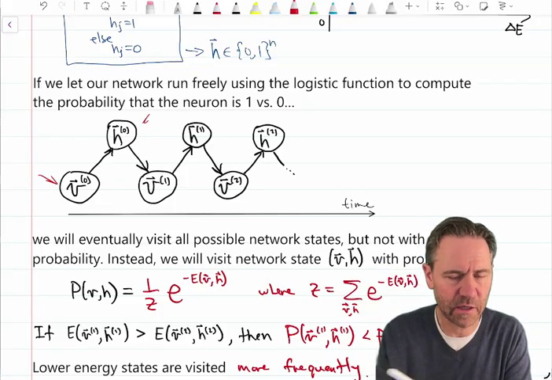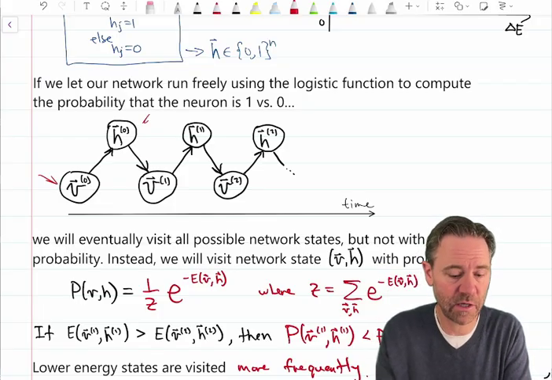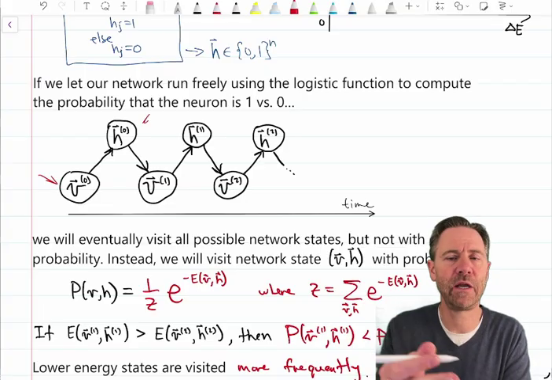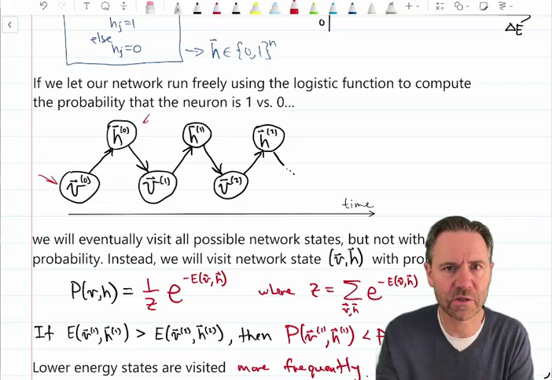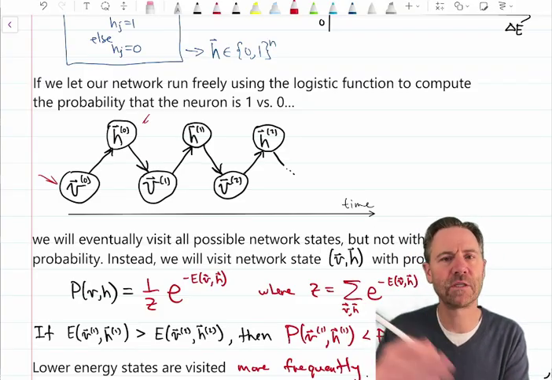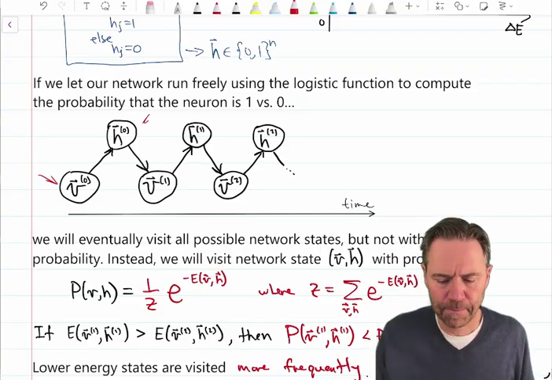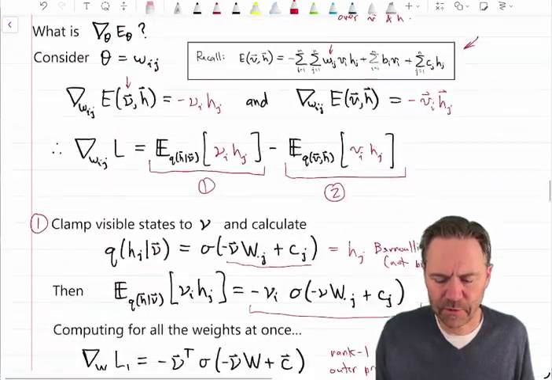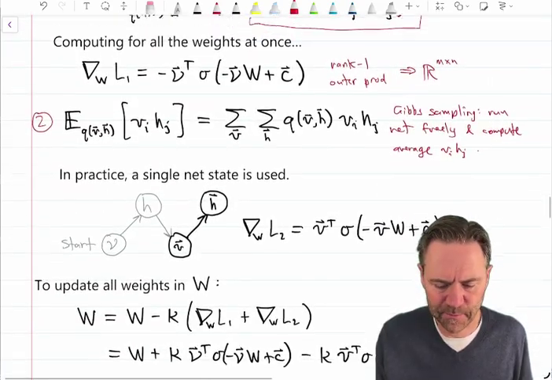Now you have a new visible state. There's all this Bernoulli sampling going on each time, right? You project V back up to H. You get your input currents, logistic function, sample that Bernoulli process to get this binary H, project it back down, up, down, up, down, up, down. This is how the network runs. And so that's what we're talking about doing here with this Gibbs sampling.